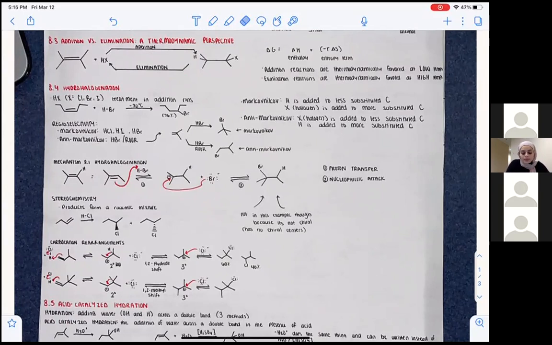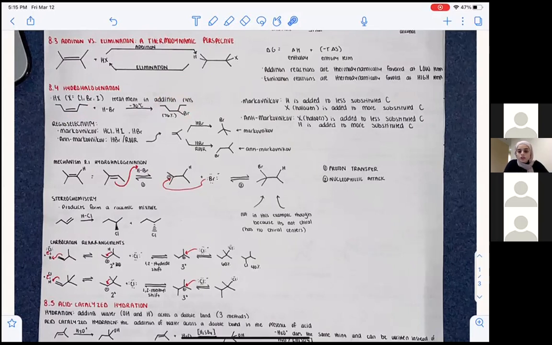For example, one of the types is hydrohalogenation, and that's pretty much when you're adding an H and a Cl, Br, or I across the double bond. Like in this example over here, you have a cis alkene, and then you're adding HBr to it. And at the end of this, you have added a Br and an H.